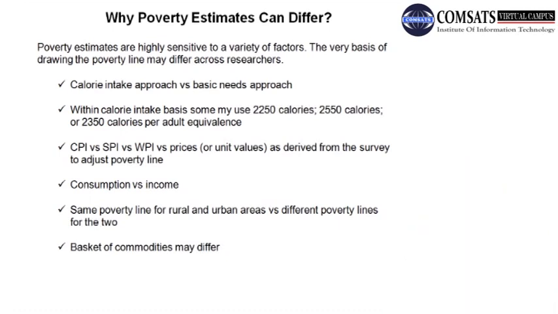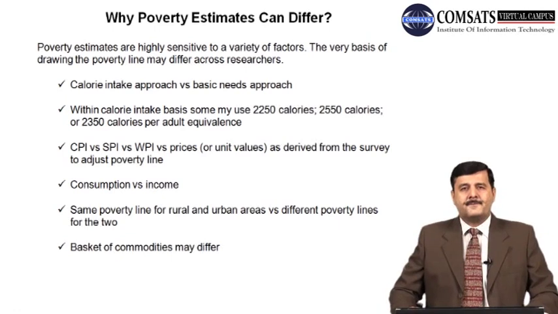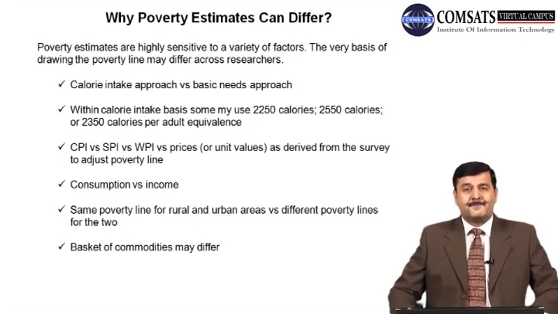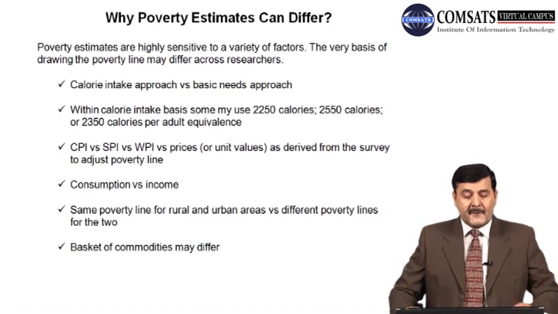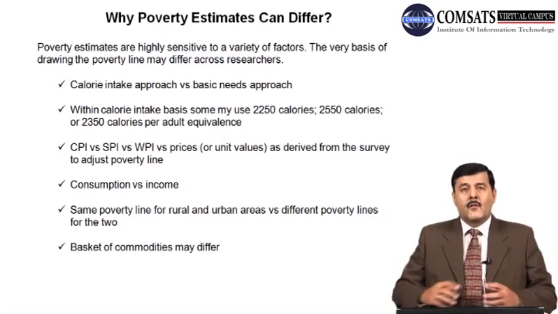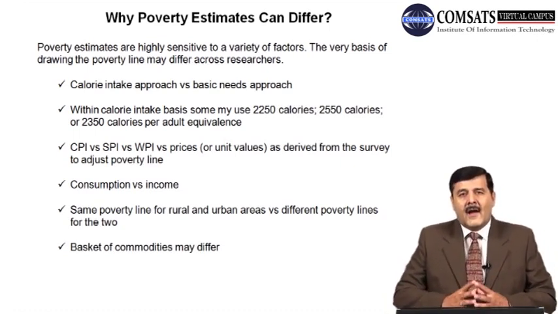Some say the minimum requirement of calorie intake is 2550 calories per day. Some say the minimum requirement is 2350 calories per adult equivalent. So different researchers suggest different calorie intake per day.